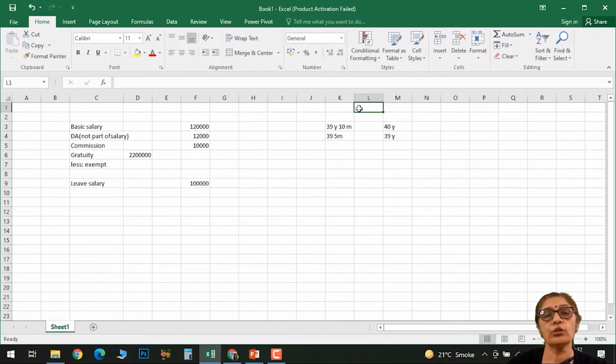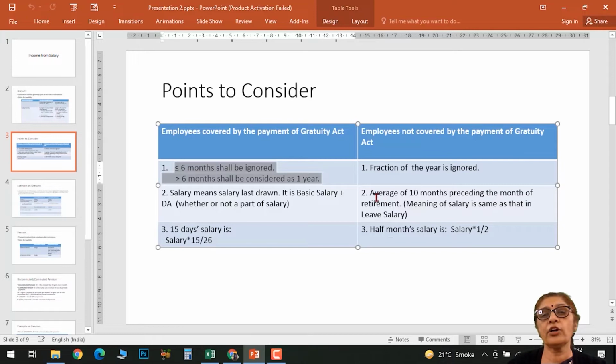This is for those covered under the Gratuity Act 1972. But if you are not covered by the Payment of Gratuity Act, let's do it simultaneously, then it is the same as we did in the case of leave salary in the last class. The fraction of the year is altogether ignored, whatever number of months you must have worked for.